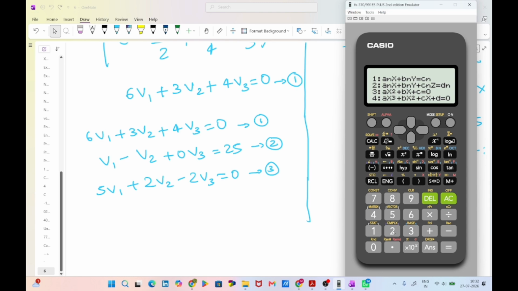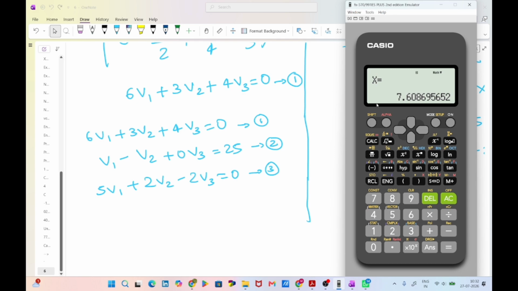Then click on 3 unknowns, and enter 6, 3, 4, 0. Then 1, minus 1, 0, and then 25. Then 5, 2, minus 2, 0.